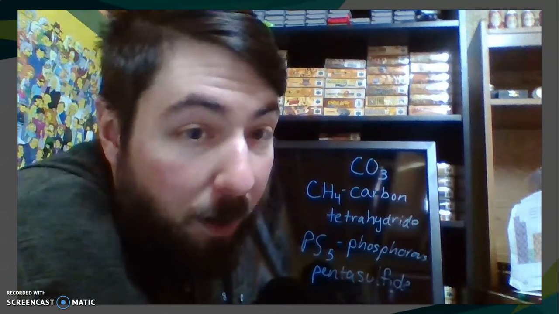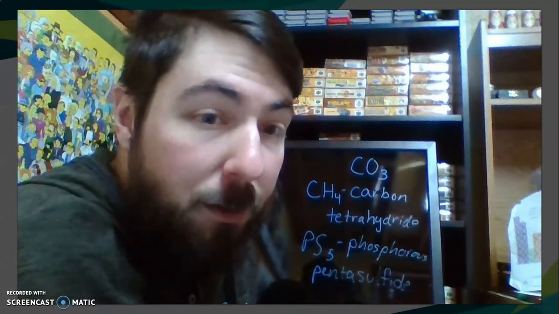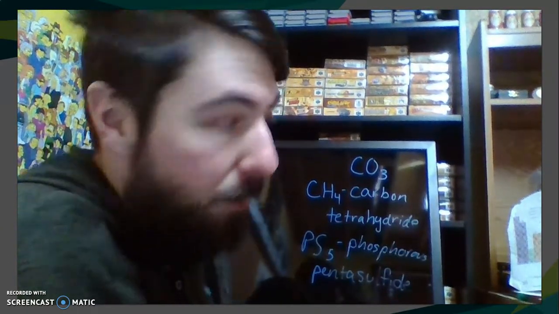Now we didn't talk about ionic bonding yet. Ionic bonding is even more simple because all you have to do is write the name of the metal and then at the end write the name of the nonmetal and change it to "ide."